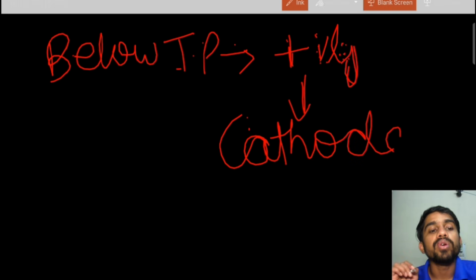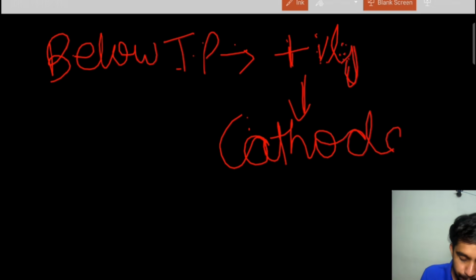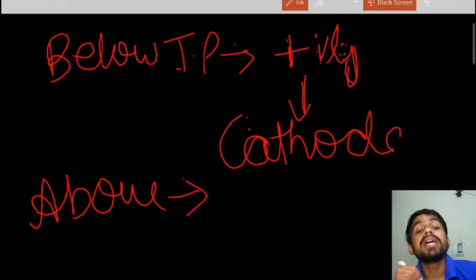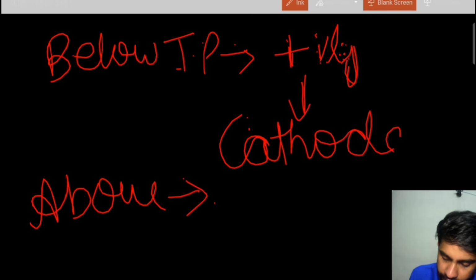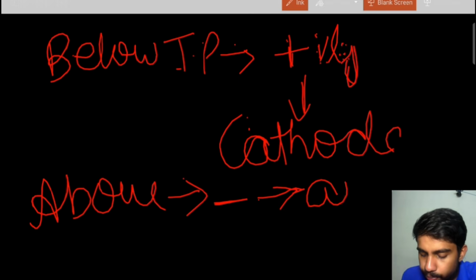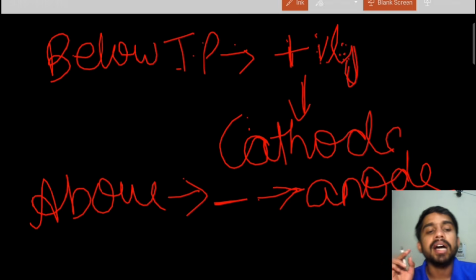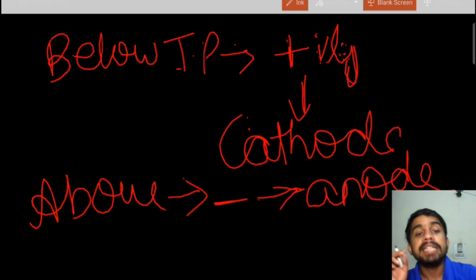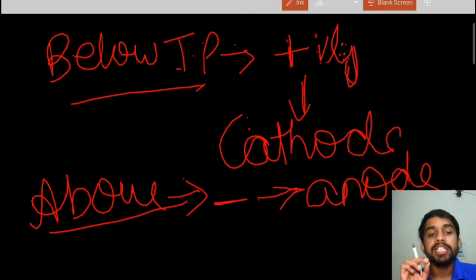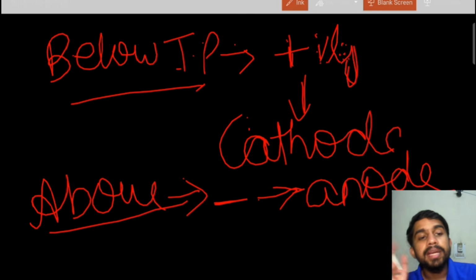And if we talk about above the isoelectric point, they will become negatively charged, and they will move towards the anode. Simple. So that's why it depends on the isoelectric point. And at the isoelectric point, their net charge will be 0, so there will be no migration.